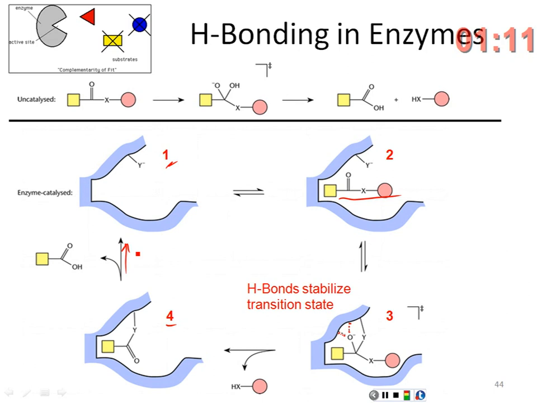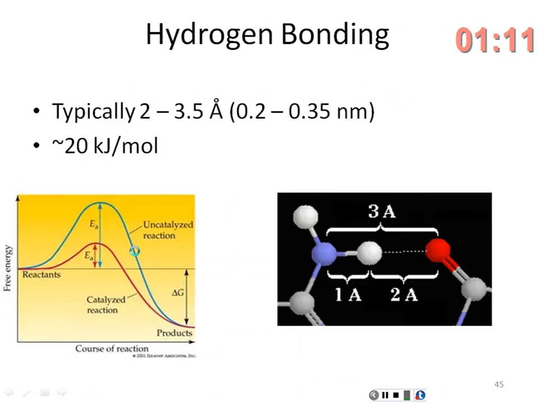So hydrogen bonding, very important in enzyme chemistry. A typical hydrogen bond is on the order of 2 to 3.5 angstroms. They are a weak force, but typically about 20 kilojoules per mole.